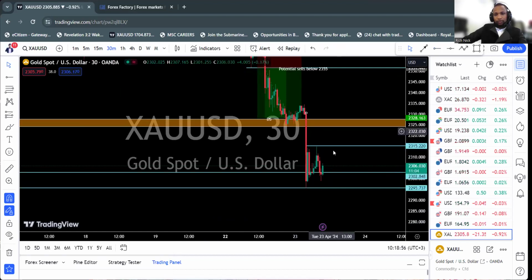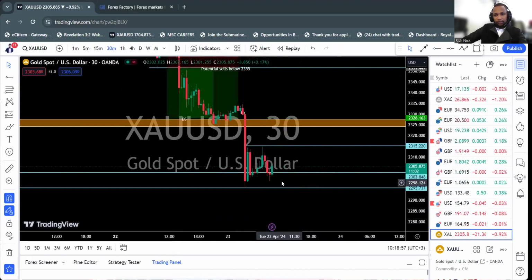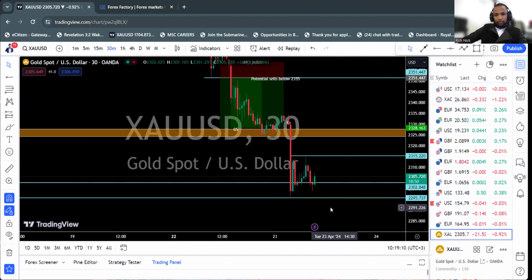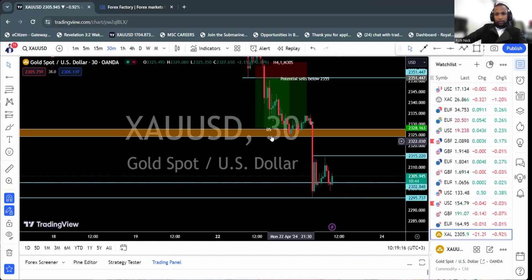Should it continue going up, then we'll say it has made a double bottom here, because if you look at this very well, it looks like a letter W, right? So let's see how the market will behave. Should it move further, we'll see where the market is headed in the next few hours or in the next day. All right.